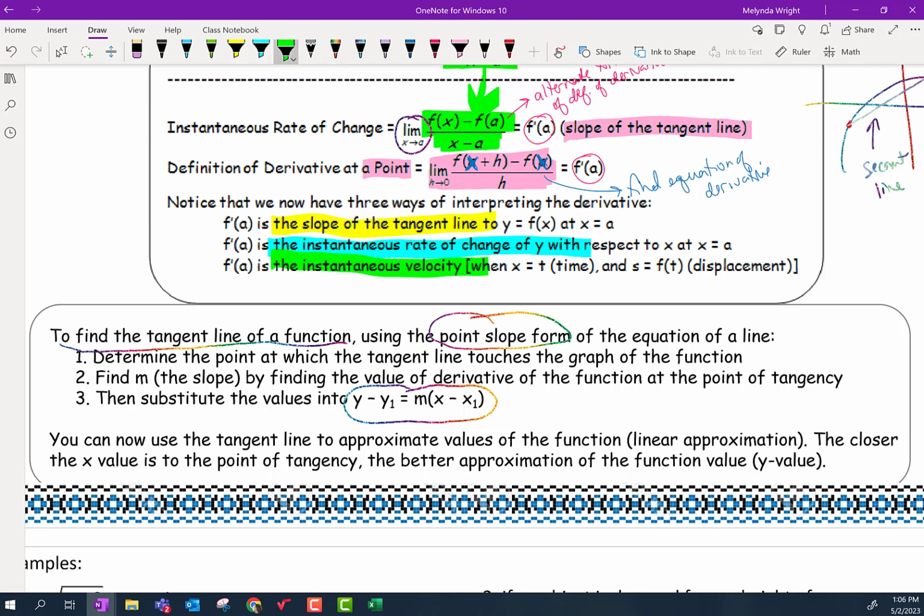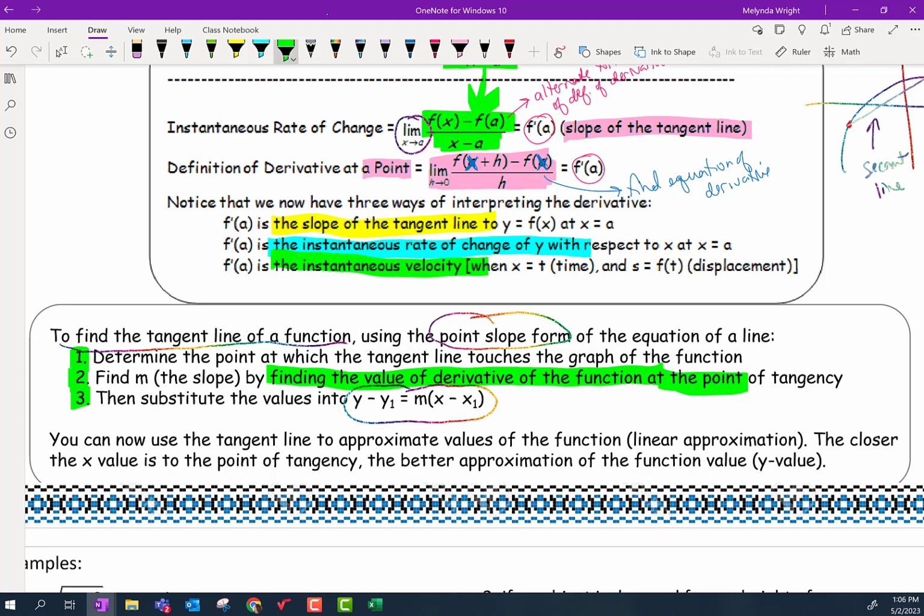We basically determine the point at which the tangent line touches the graph. We need a point and we need a slope. Step 2, we need m, which is the slope. To find the slope, we find the value of the derivative at that point. So we need the point, then we need the slope, and then we put all that into point slope. That's how we find the tangent line, and you will be finding lots of tangent lines.